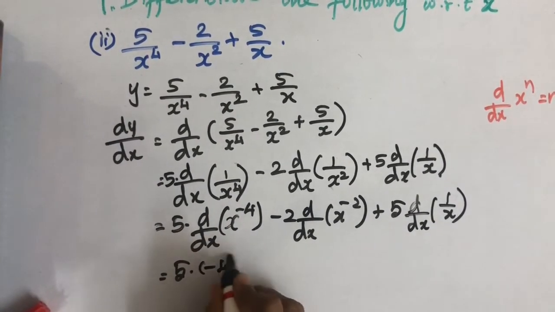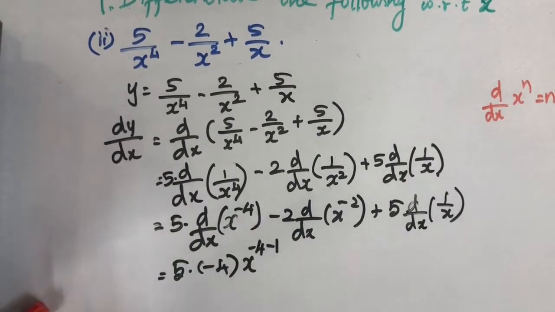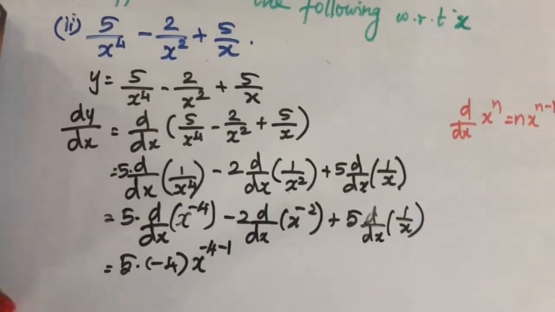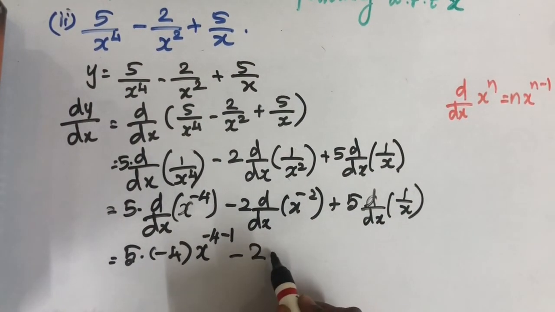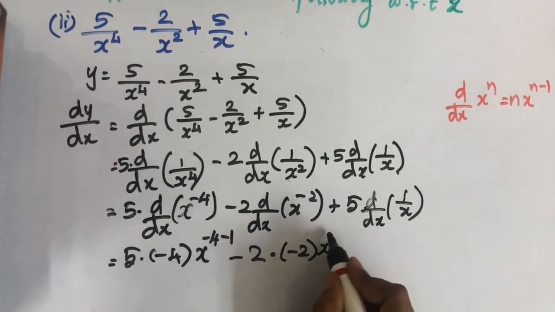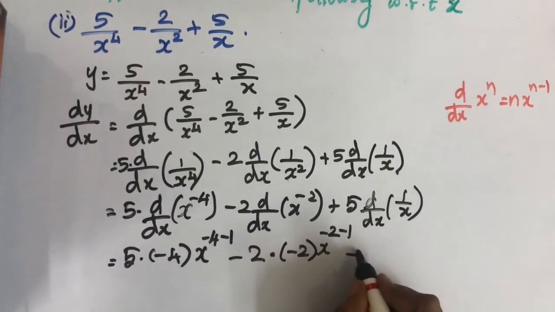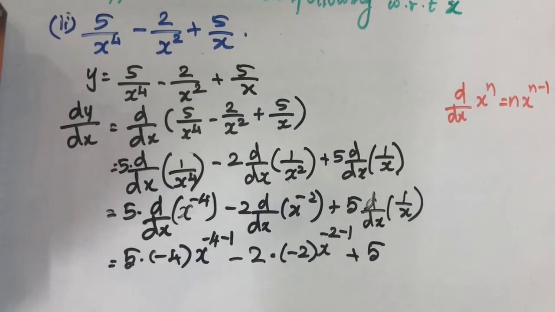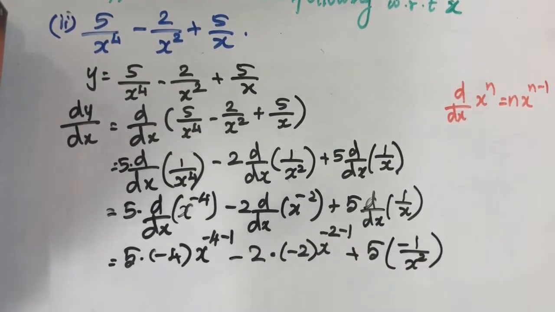Minus 4 into x^(-4-1), n x^(n-1), isn't it? Minus 2 into, its differentiation is minus 2 x^(-2-1), the power you have to subtract 1, plus 5 into, what is the differentiation of 1/x? That is minus 1/x^2.